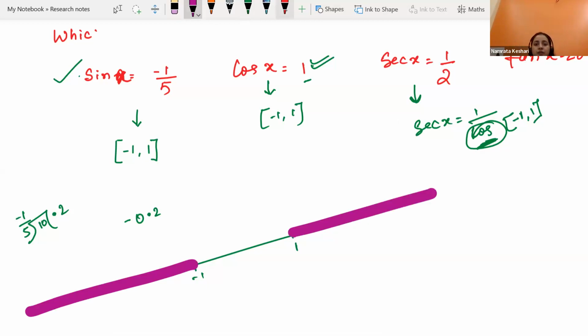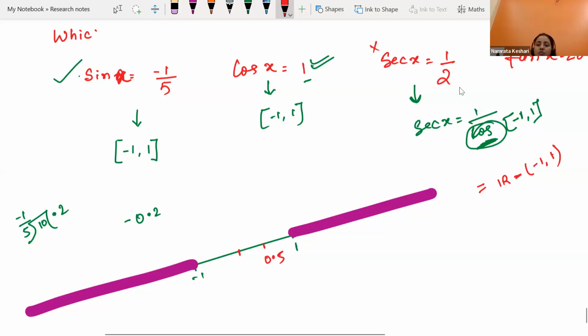That means all real numbers except minus 1 to 1. This is how we write the range for sec function. Now 1 by 2, can you see if it lies in this range? So is it possible? No, it is not at all possible.